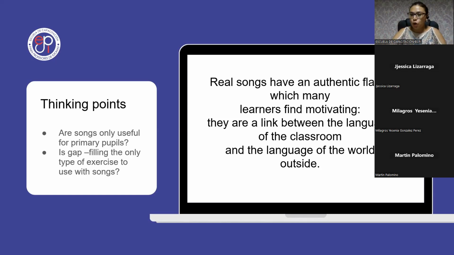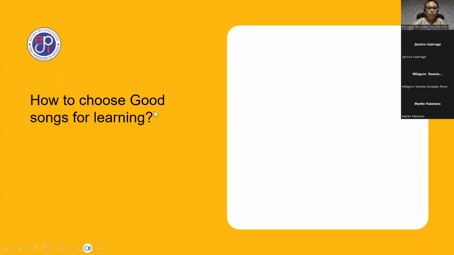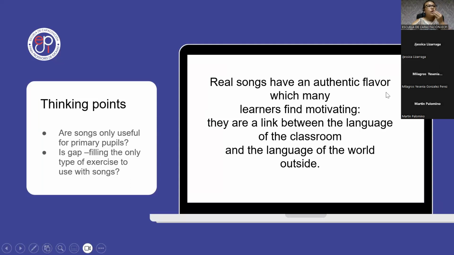Now I have something important to you. It says, real songs have an authentic flavor. What is flavor? What is flavor? So real songs have an authentic flavor, which many learners find motivating. Real songs, huh?